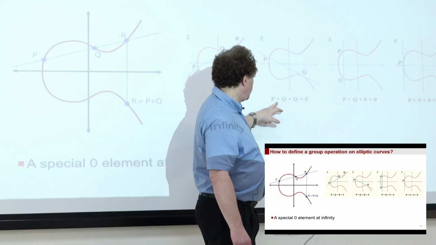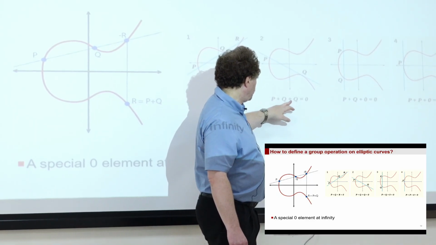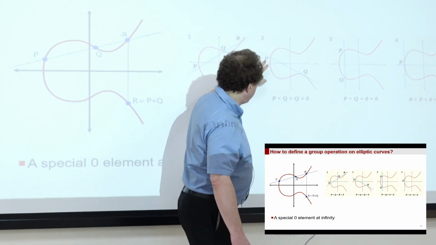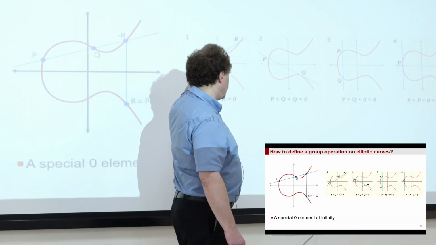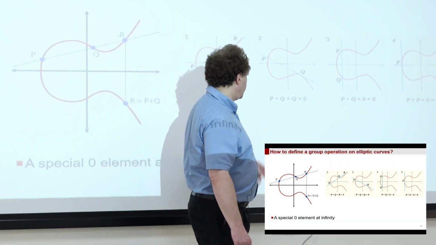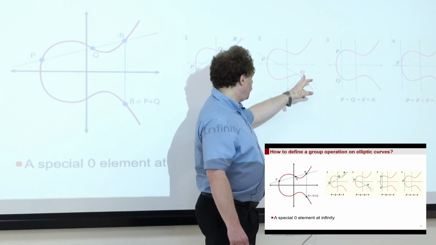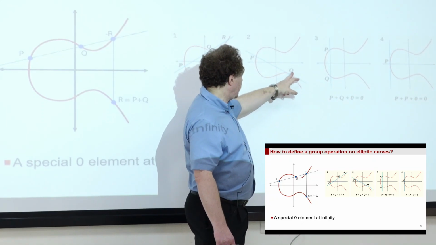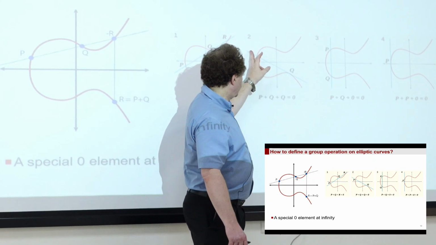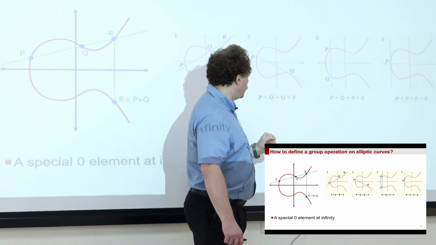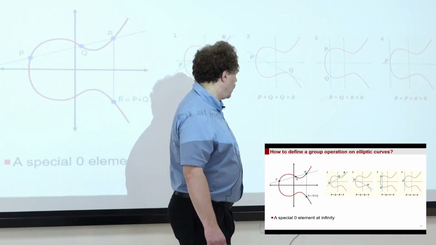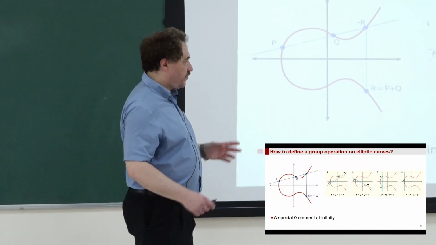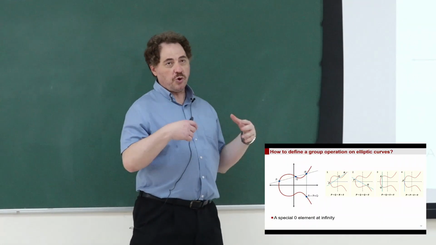In this case, the third point of the tangent is Q itself, and accordingly the result of the operation would be minus Q. There are also similar cases, so we could go over different corner cases.